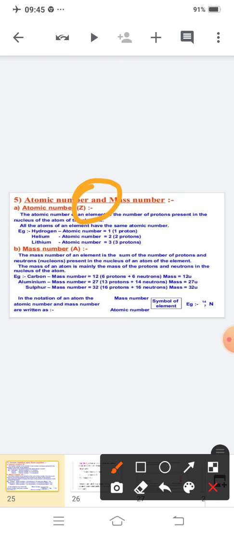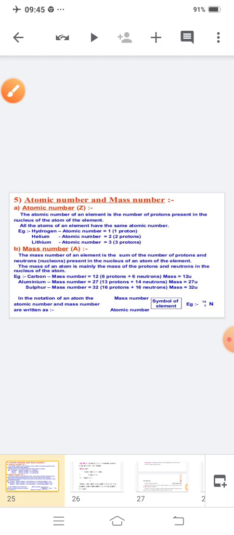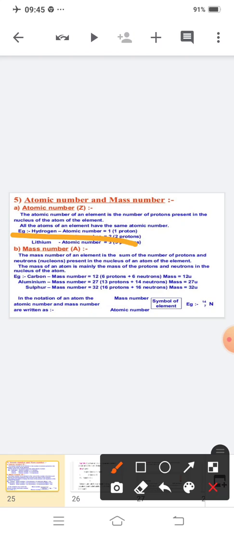Now the next topic is mass number. Mass number is represented by A. An atom consists of protons, neutrons and electrons. Since the mass of an electron is negligible, the real mass of an atom is determined by the protons and neutrons.